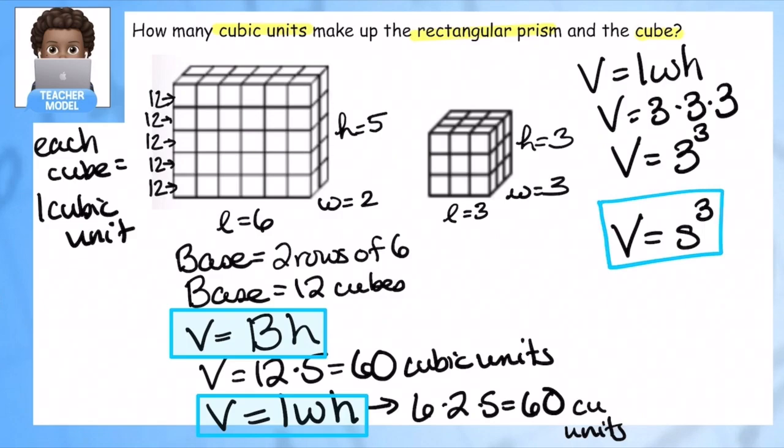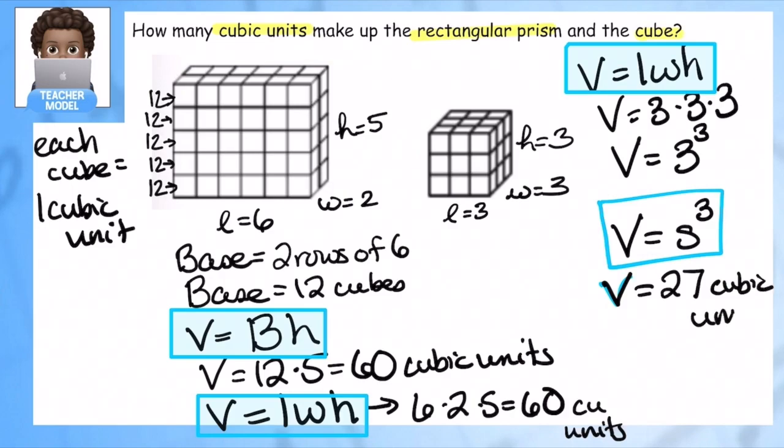Again, because all my sides have the same measurements. And so for this one, 3 times 3 times 3, my volume would be 27 cubic units. Hit pause and jot this down into your notes.